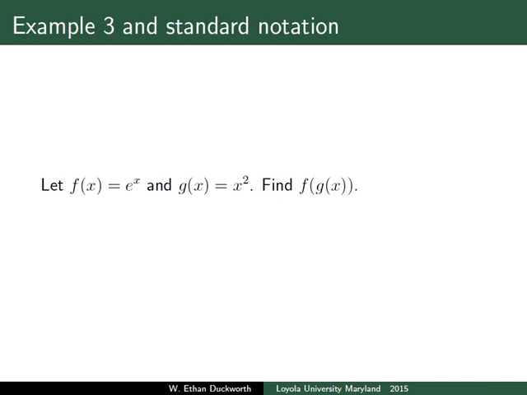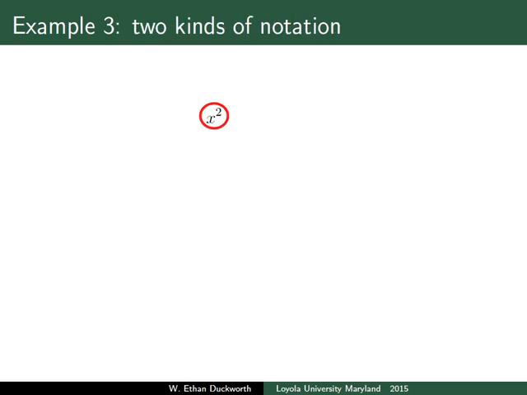And we're going to find f of g of x. I'll do it the red circle notation the first time. So I circle x squared. I put e to the x underneath that with some parentheses. Draw an arrow showing you where the x squared goes, and then finally the result, e to the x squared on the bottom.